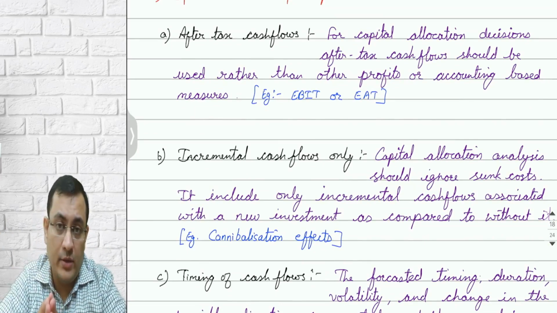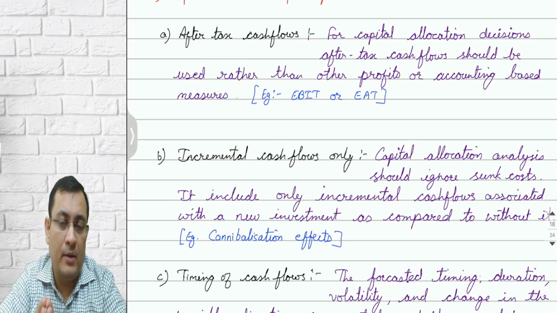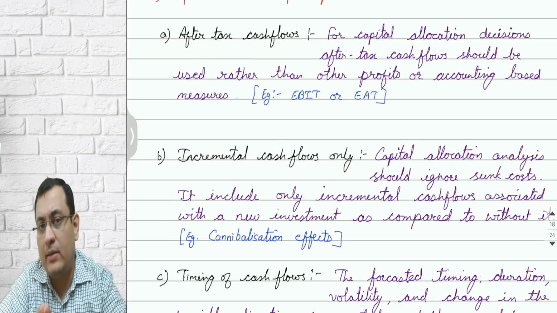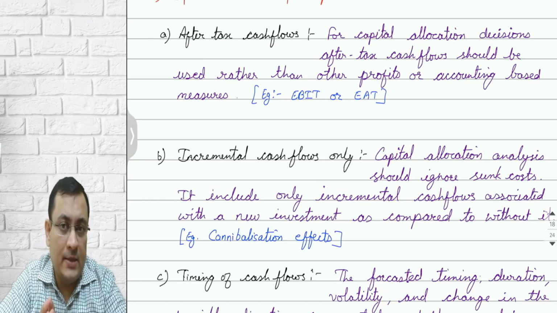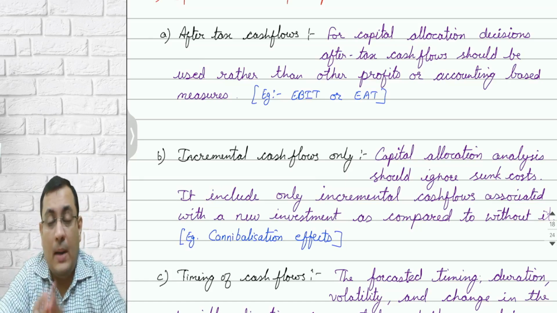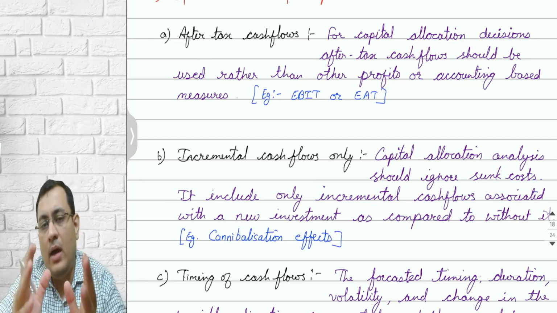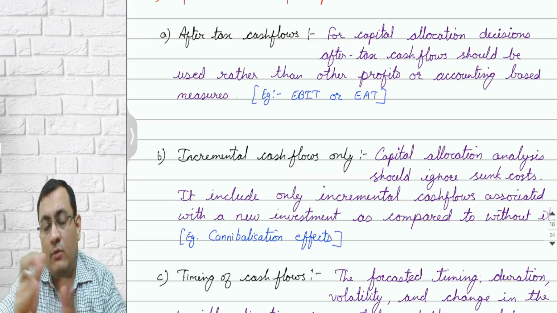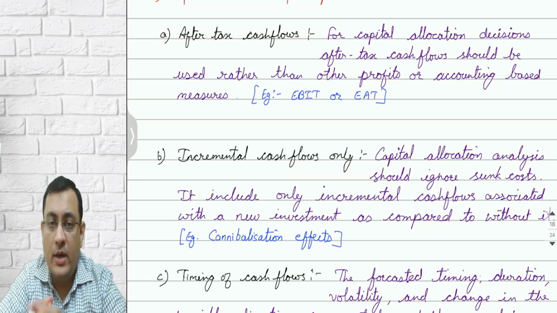Of course, in case of the return on invested capital method, we were using EBIT, net operating profit after taxes. That's why that method is not a very efficient method for taking the capital allocation decision. Why? Because when you are taking a decision based on this profit number, there are 2-3 problems.